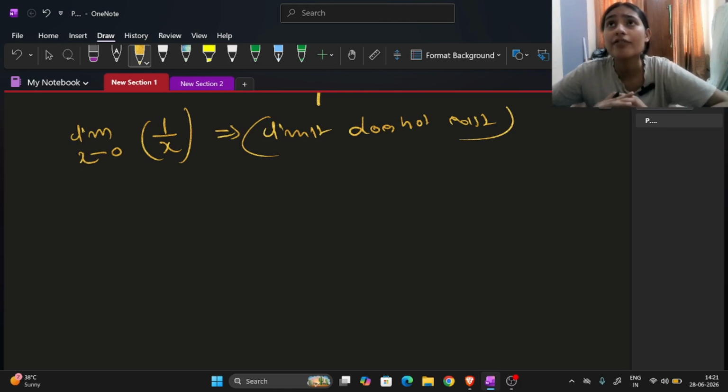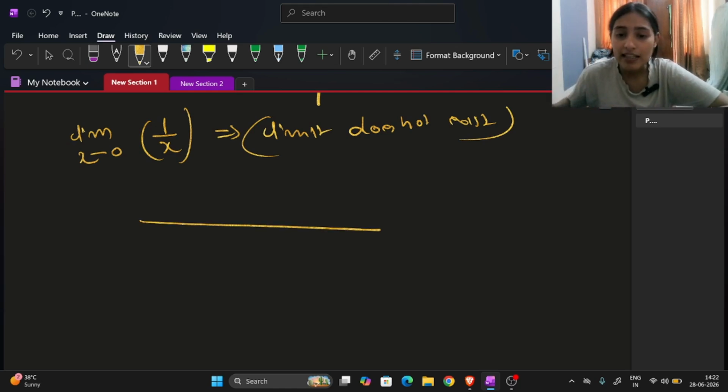We have witnessed different types of questions, but we don't know if the limit exists or not. So there is one particular rule which is very valid: LHS equals RHS. We define whether the limit exists or not by this.